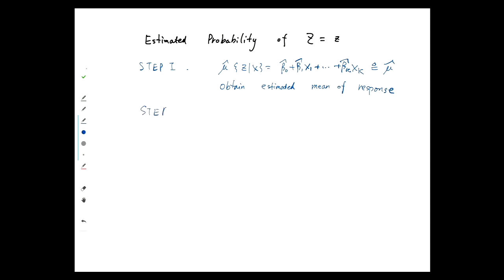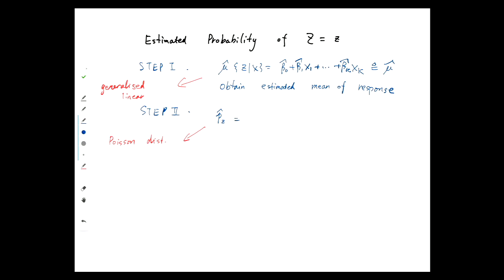And the second step here is just to obtain this estimated probability. We can call this probability P lowercase z hat. Step 1 is from the generalized linearity assumption, and step 2 is from the Poisson distribution assumption.